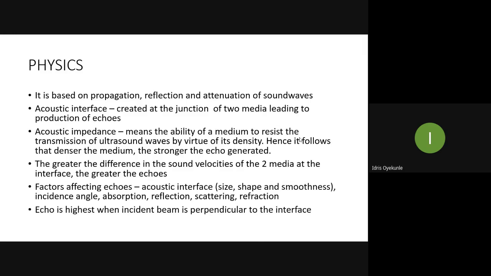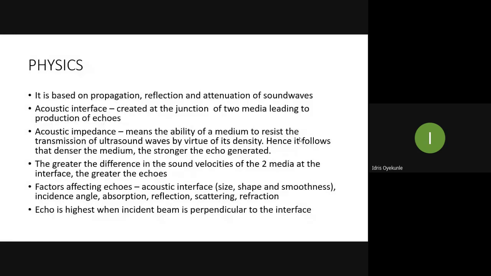An acoustic interface that has a very small size will probably produce a smaller echo compared to an acoustic interface that is large, and also the smoothness of the interface as well. Also, the incidence angle, absorption of the sound waves, reflection, scattering, and refraction occur, and these factors affect the strength of the echoes.